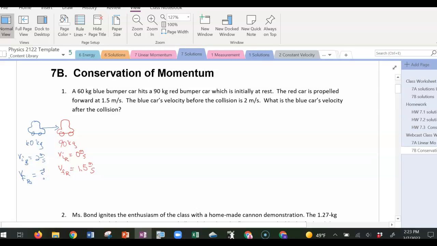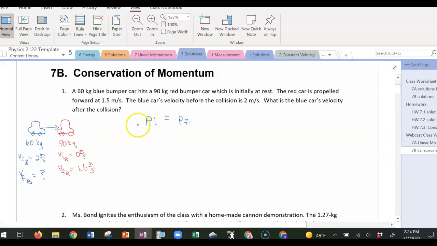And what we don't know and would like to find out is what is the final velocity of that blue car. Okay, so the thing that I know is that in this system, which consists of this blue car and this red car, momentum is conserved. And so the momentum at the beginning equals the momentum at the end.